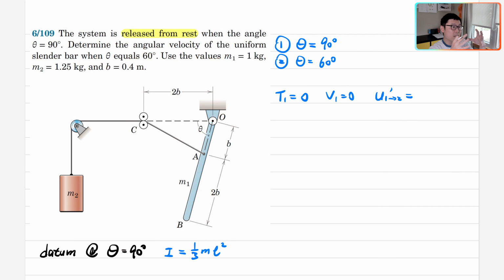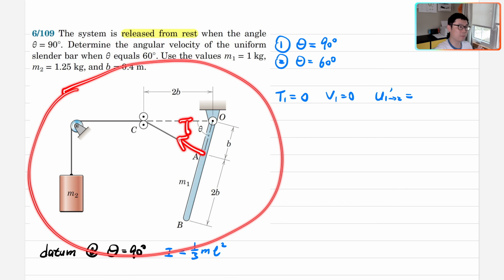So within the boundary, everything is within the boundaries. Nothing is applied externally. Okay, just in case, you may argue, what do we do with this tension here? It seems like the tension is an external force. But remember, again, we are looking at the system as a whole. If you have a tension here, then you also have a tension here, right?